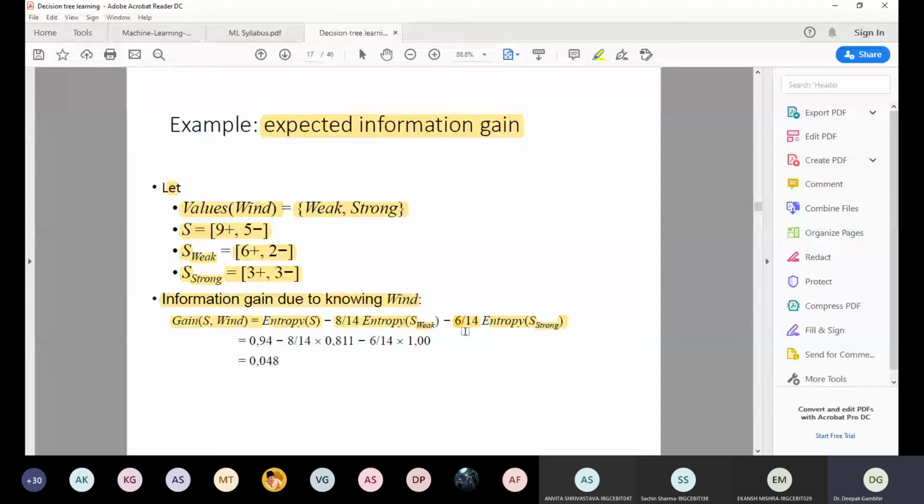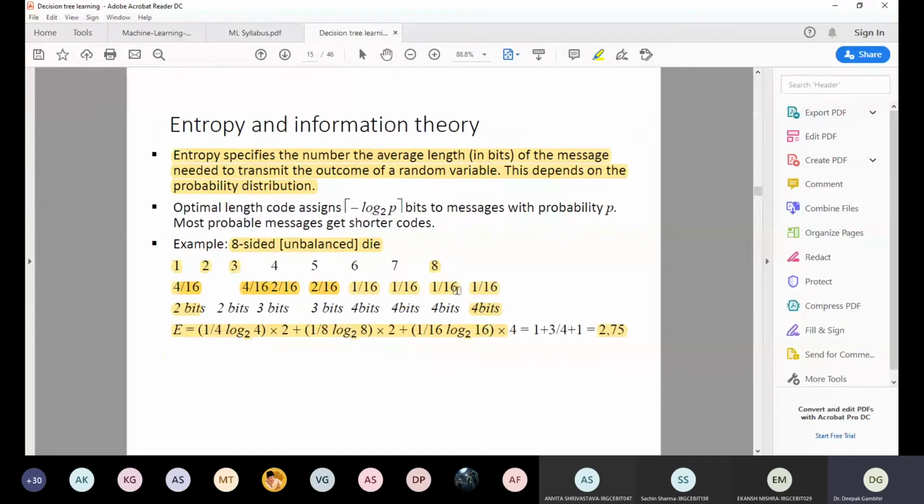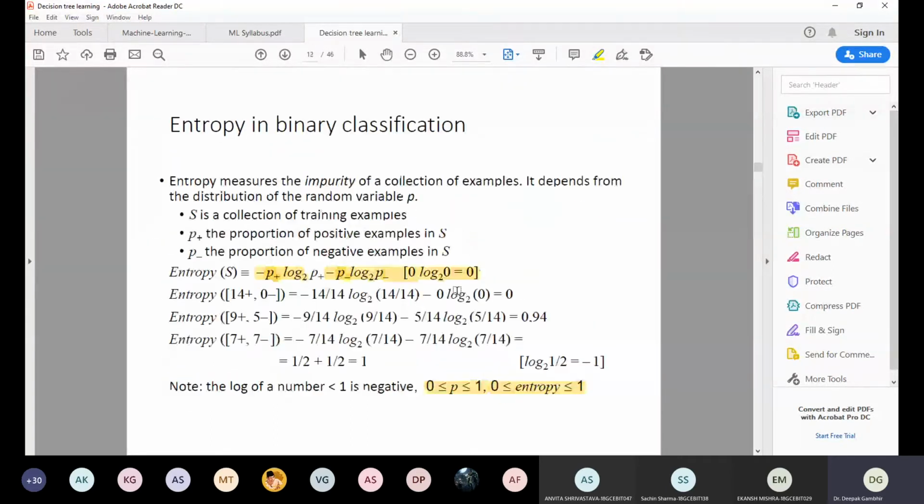Now how do we compute the entropy of S, the entropy of S weak and the entropy of S strong? We have already taken this example above. Suppose we consider the entropy of a set with 9 positive examples and 5 negative examples. The entropy is computed by this formula: minus PA log PA minus PB log PB.